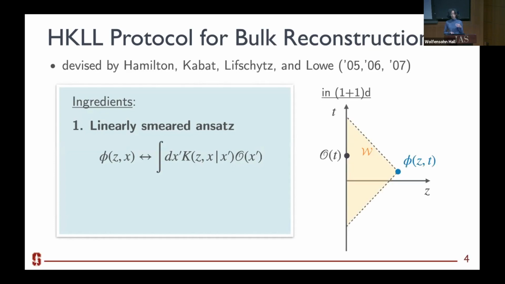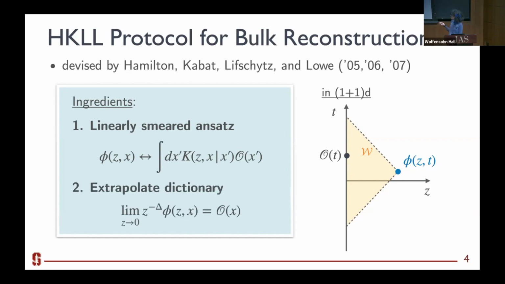The linear coefficients of this superposition are known as the kernel or smearing function, and I will be denoting it by K. In this expression, phi is being used to denote the bulk fields, script O is being used to denote the boundary fields, z is the extra bulk coordinate, and x is all the remaining boundary coordinates. And here I have a cartoon of what the kernel support should look like in the case of a 1+1D bulk.